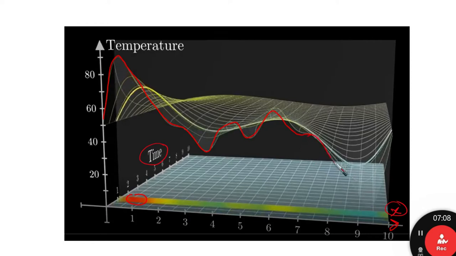So this is how the first distribution function looks at time t equal to 0 for the bar, and the vertical axis is giving us the temperature, right? And the axis perpendicular to x is giving us time.